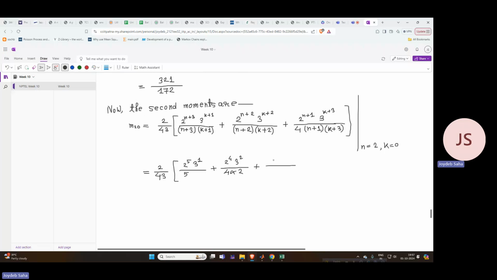plus 2 to the power 3, sorry, 3 to the power 3 divided by 4 cross 3 cross 3.